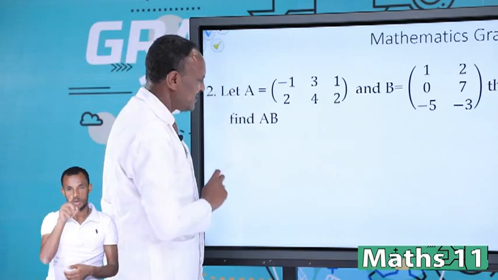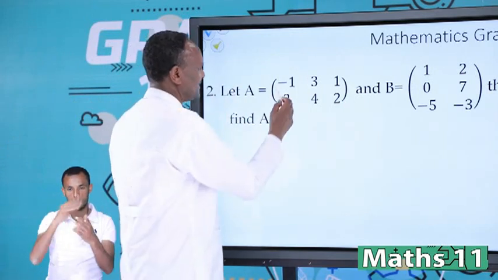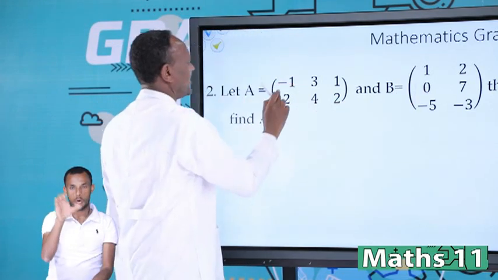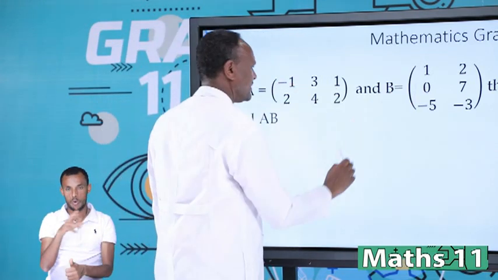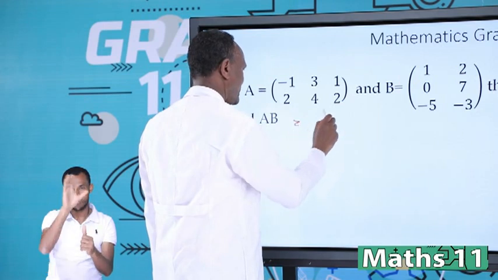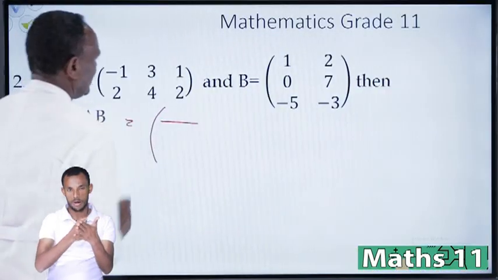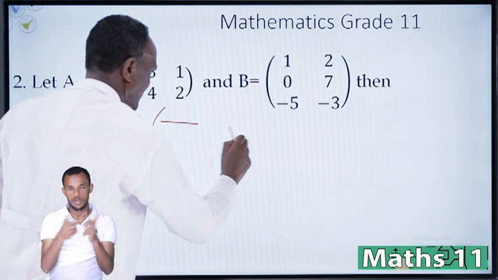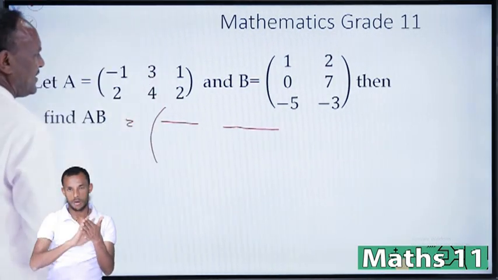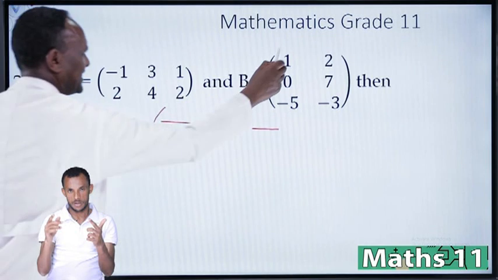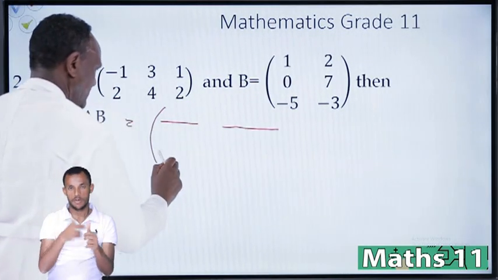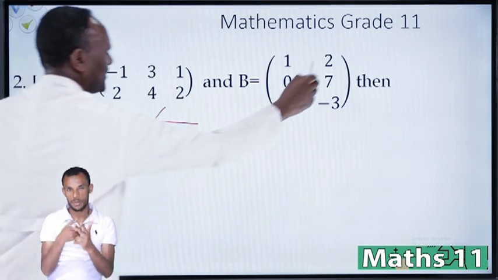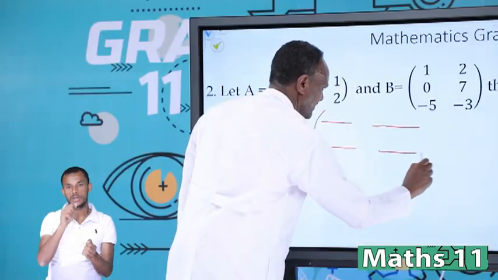You multiply the first row with the first column. Then you write a number over here. First row again with the second column, you will get another number here. Second row multiplied by the first column, you will get another result, which will be written there. Second row with the second column, you will have this one.